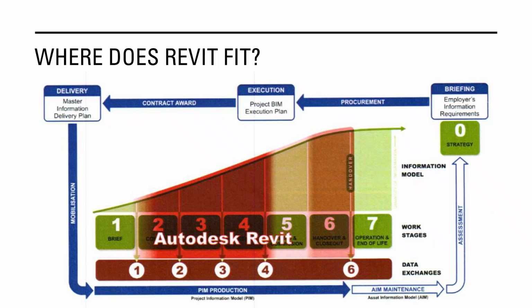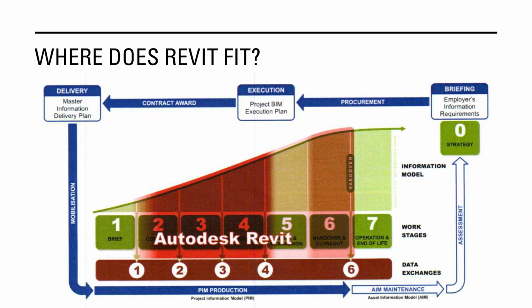Revit doesn't operate in isolation. It feeds into broader workflows, including cost planning, construction sequencing, and asset management. After stage 6, the PIM transitions into the Asset Information Model, AIM, used for operations, maintenance, and long-term performance tracking.